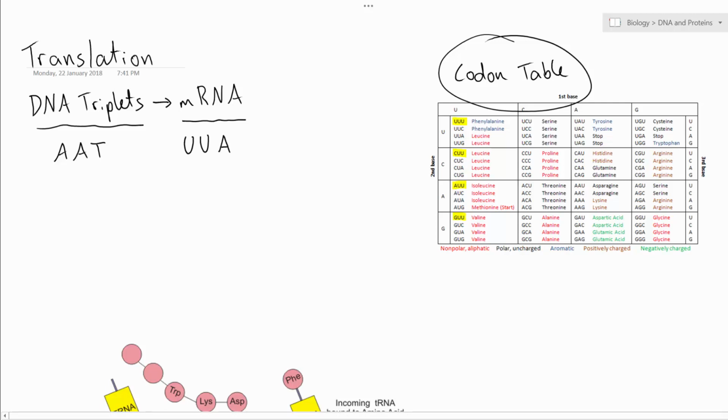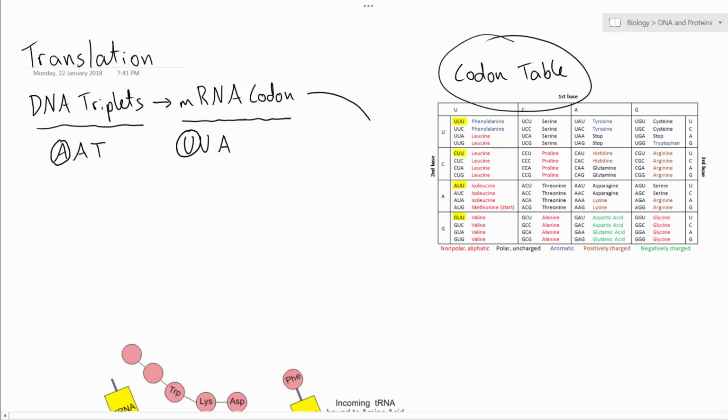Remembering that A pairs with T, except when we've got RNA, where we're looking at a U. So when the mRNA is being made off the DNA template strand, a U is put in place on the mRNA as it is complementary to the A on the DNA. So this DNA triplet of AAT would result in a codon on the mRNA. The group of 3 bases from the DNA would be synthesized in a complementary fashion to be UUA. On the mRNA, we call that an mRNA codon.